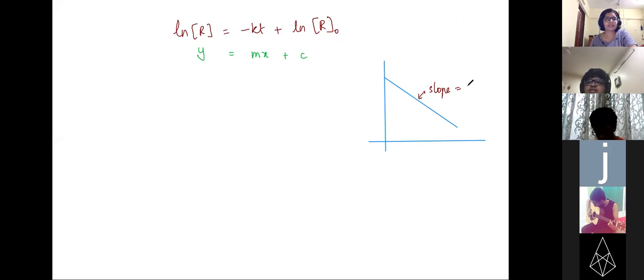Is it K? See, x, the variable, is t. So what is multiplied by the variable here?